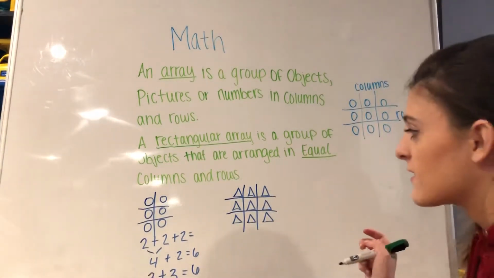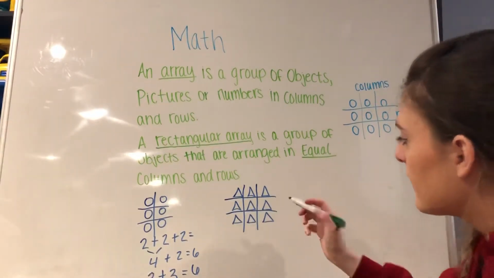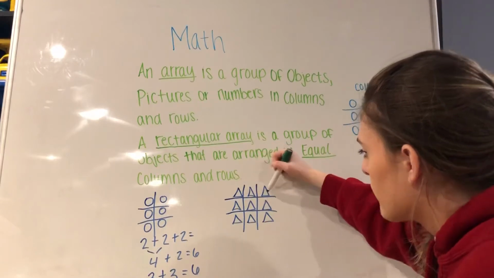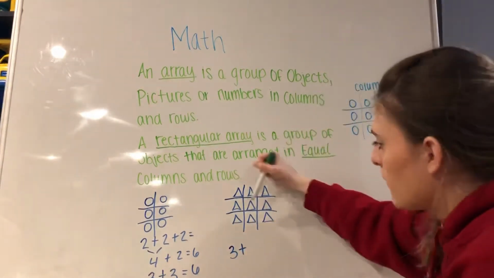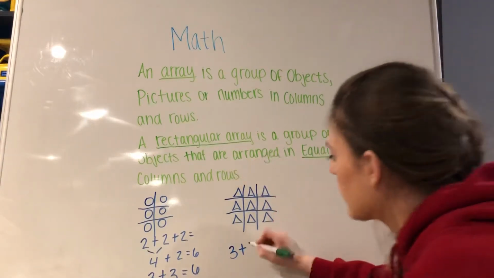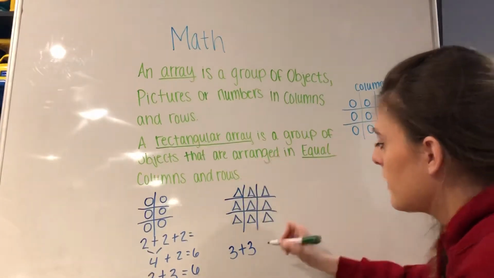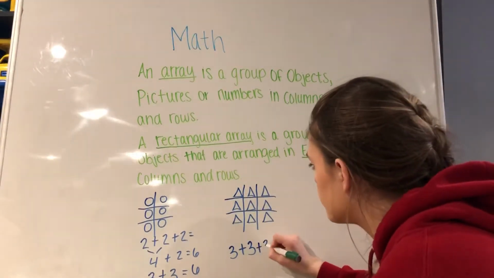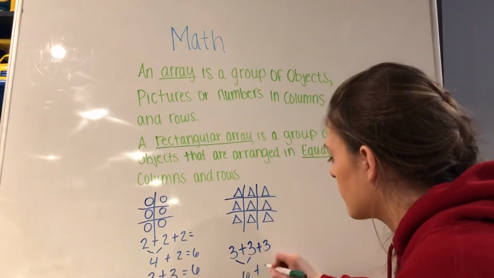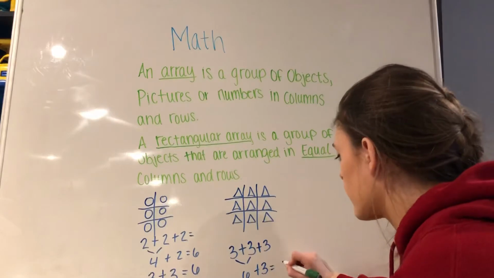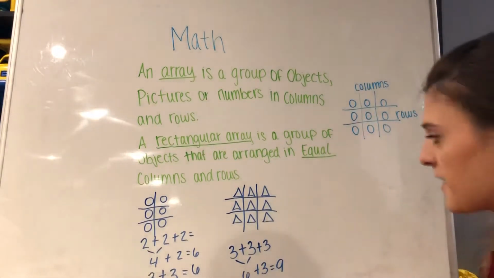So for this one, we really only have one math sentence that we would write for it. So we have 3 in our first row, plus we have 3 in our second row, plus we have 3 in our third row. So 3 plus 3 we know is 6, plus 3 equals 9. So 9 is our answer here.